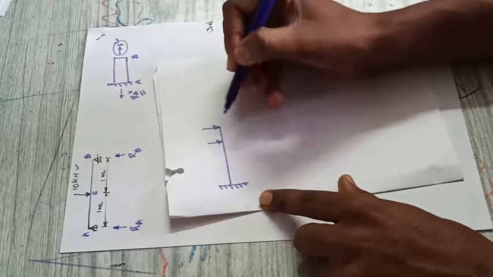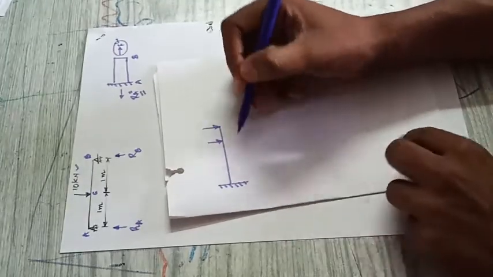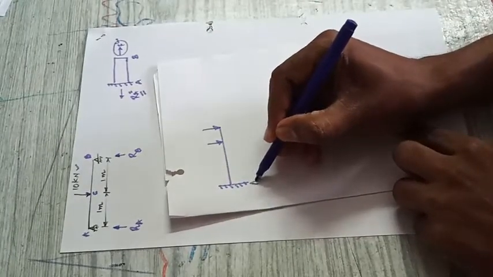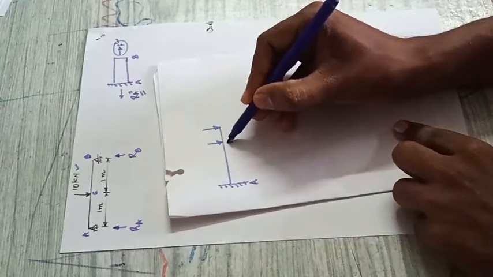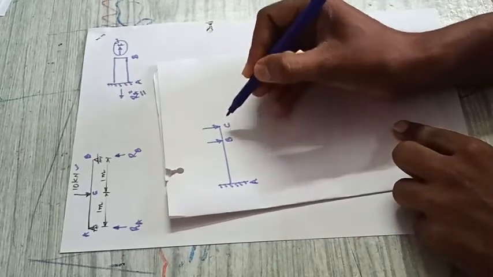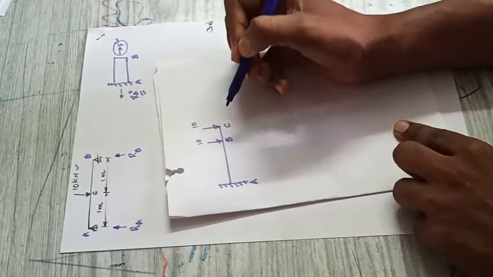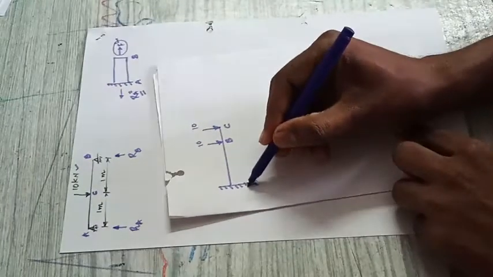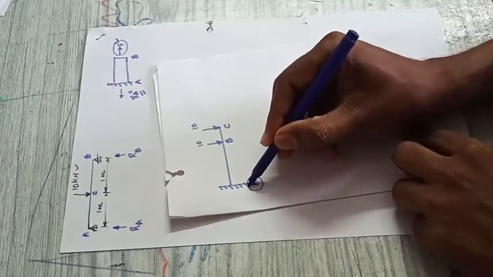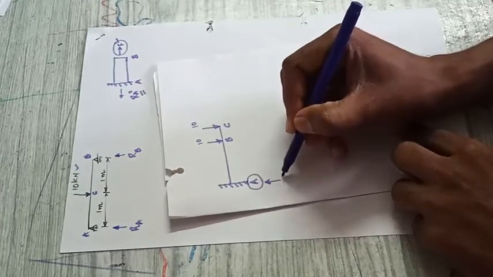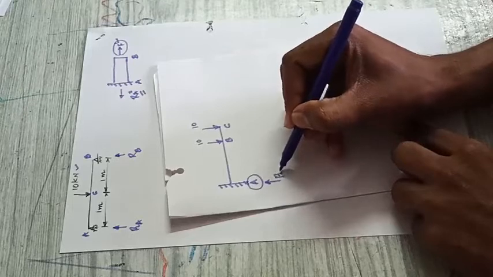We don't need the distances. I will mention the points as A, here B, and here C. Let us take the magnitudes as 10 and 10. There is a single contact, so definitely we have only one unknown here, the reaction force.